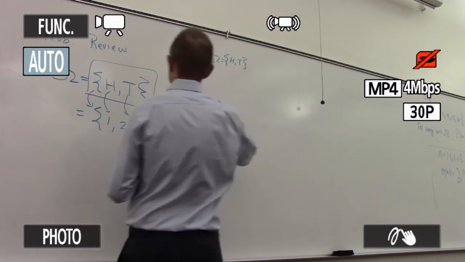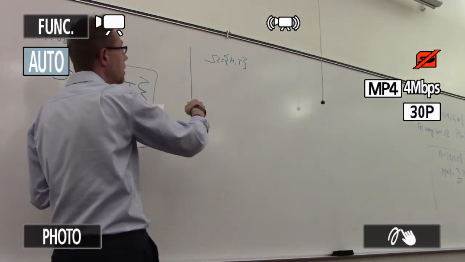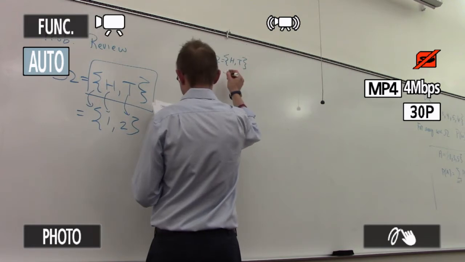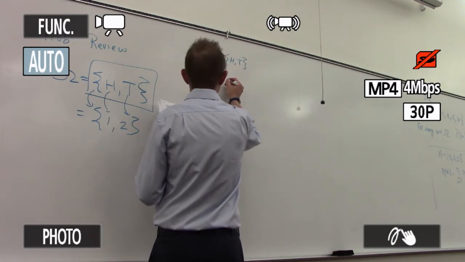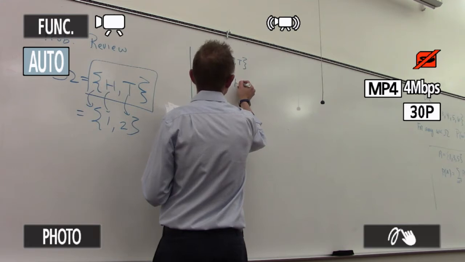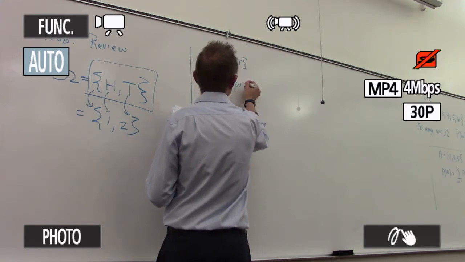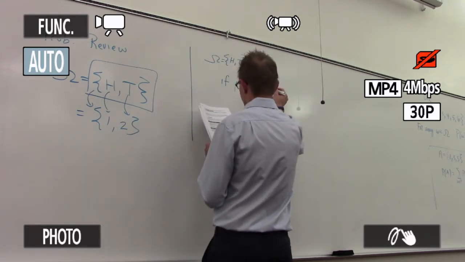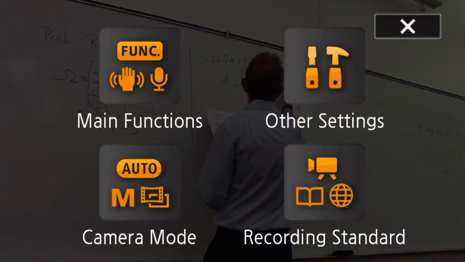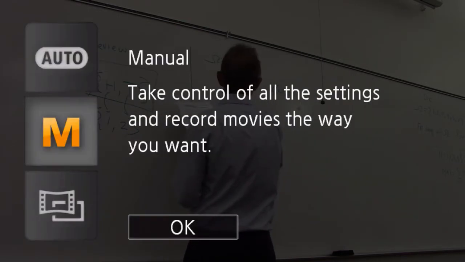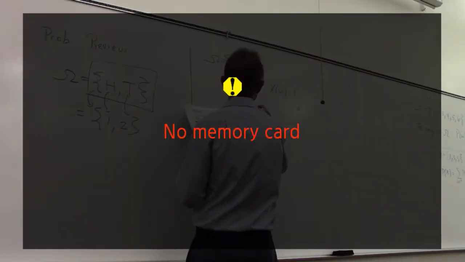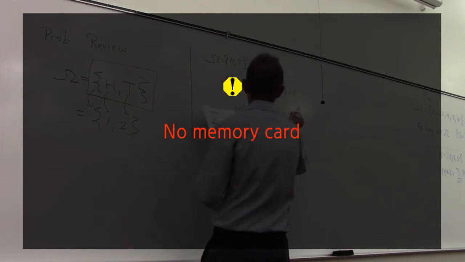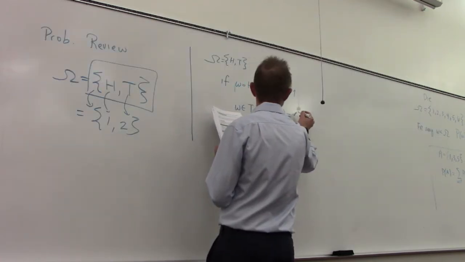Imagine in this case, we weren't just assigning 1 and 2, but we wanted to assign some reward to these. So imagine if omega equals h, so if the outcome happens to be heads, then x of omega equals 1, and else, then x of omega equals 4.